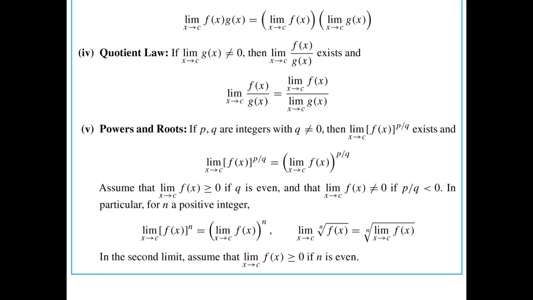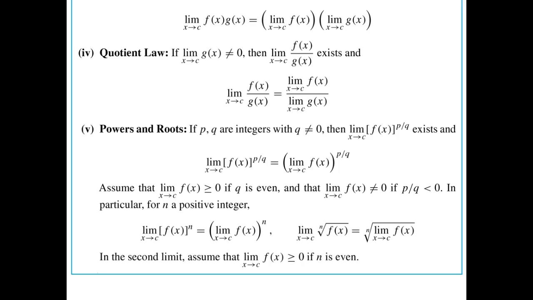And how do we calculate it? The limit of that would be the limit of the function raised to the p over q power. As long as you can do that power, the limit of the power is the power of the limit. Okay?